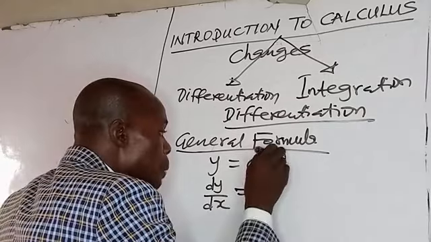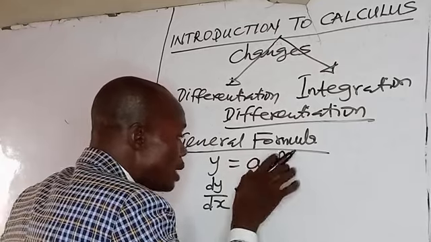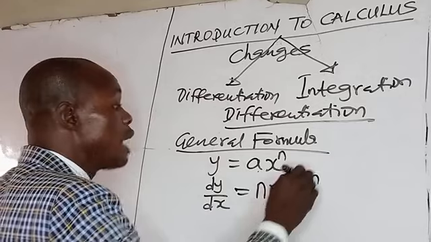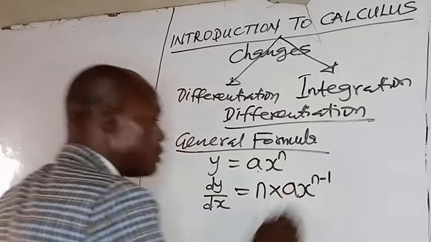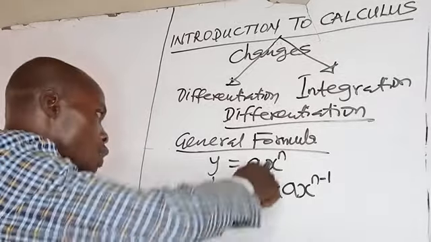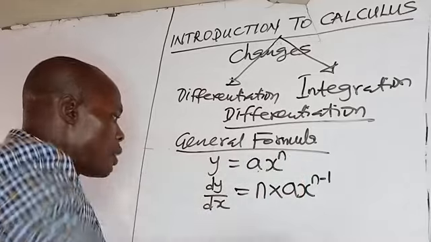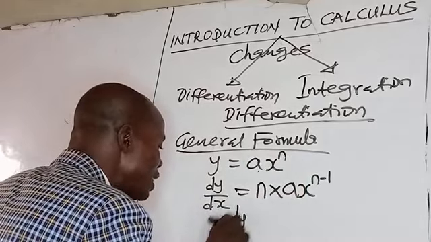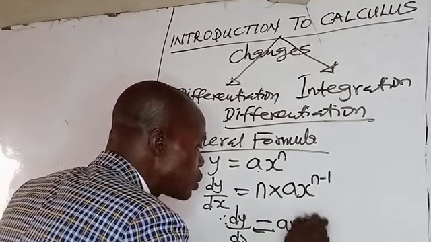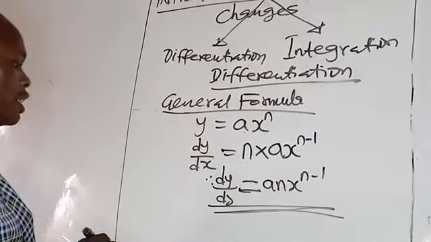So we have n times the whole function ax raised to power n, then you subtract 1 from the power. Therefore, dy dx equals anx raised to power n minus 1. This is the general formula for differentiation.